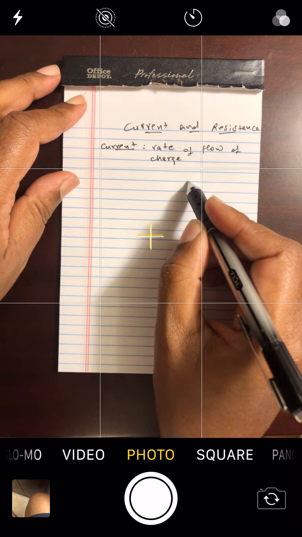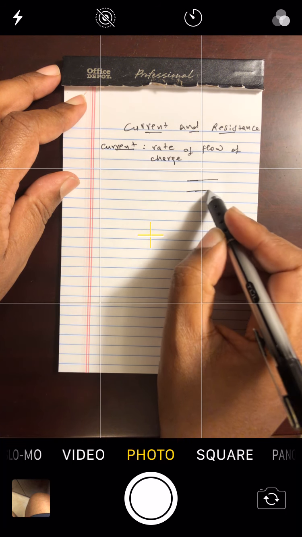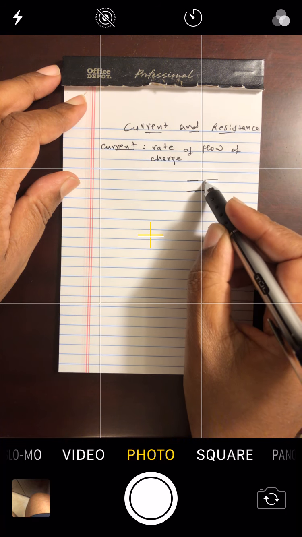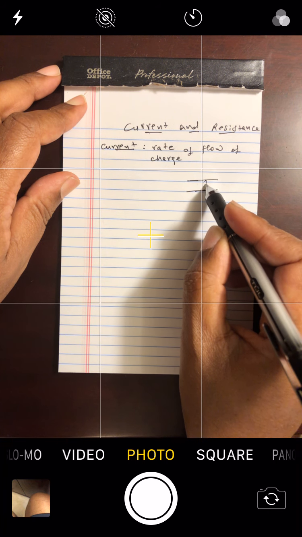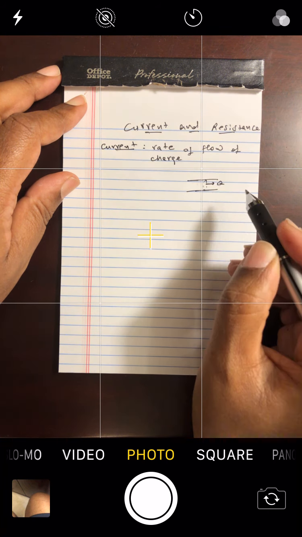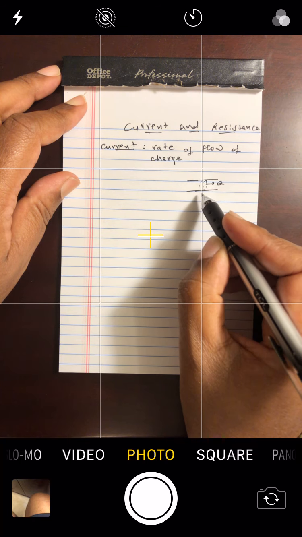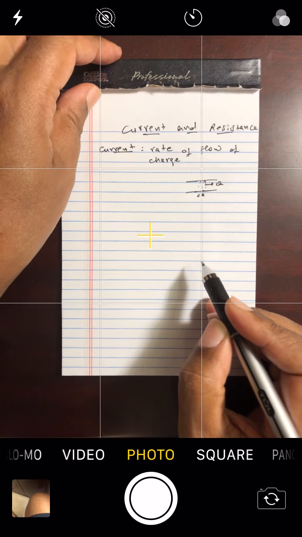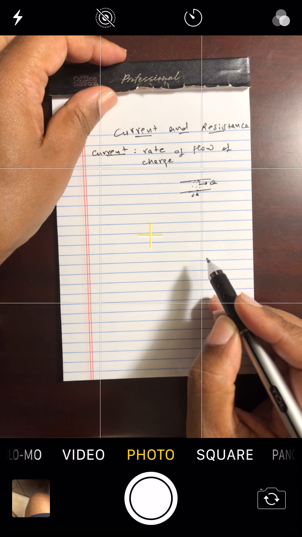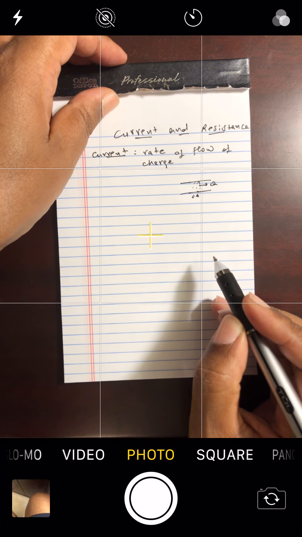So let's say we have this wire, okay? And let's say it's a cross-sectional area. If a charge Q crosses this cross-sectional area at a time interval delta t, the rate of flow of charge, which is charge divided by the time taken, is what you call the current.